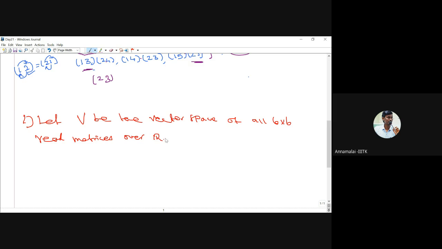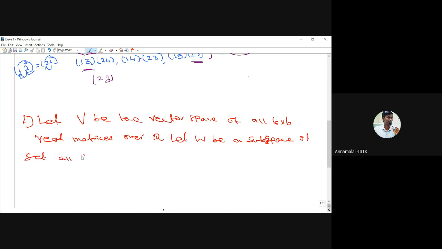Then what is the dimension of the subspace? We define some subspace. This is a vector space, and the subspace is the set of all symmetric matrices. Let W be a subspace of V, the set of all symmetric matrices.